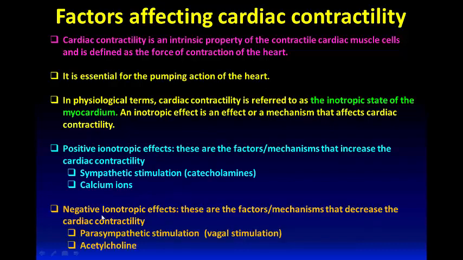On the other hand, negative inotropic effects are the effects or the factors or the mechanisms which decrease the cardiac contractility. For example, parasympathetic stimulation, the vagal stimulation and release of acetylcholine, they decrease the cardiac contractility of the atria.